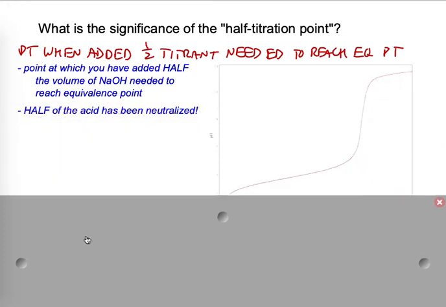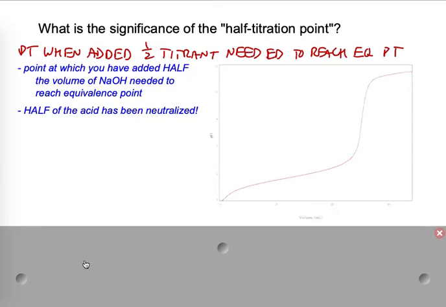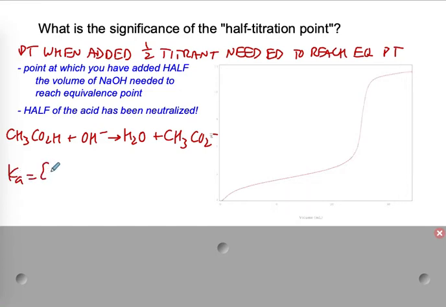What that means is that half of the acid has been neutralized. So for example, if I consider the titration of acetic acid with strong base to form water plus the acetate anion, as written here, if I write out my Ka expression, Ka is equal to the hydrogen ion concentration times the acetate concentration divided by the concentration of acetic acid.